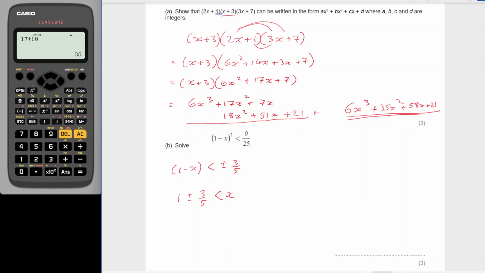And technically speaking, because I've square rooted, the plus or minus actually slightly switches over. I don't think that, for an inequality, is the clearest way of doing it. So what I'm going to do instead is multiply out this bracket. So that will give me 1 minus 2x plus x squared has to be less than 9 over 25.